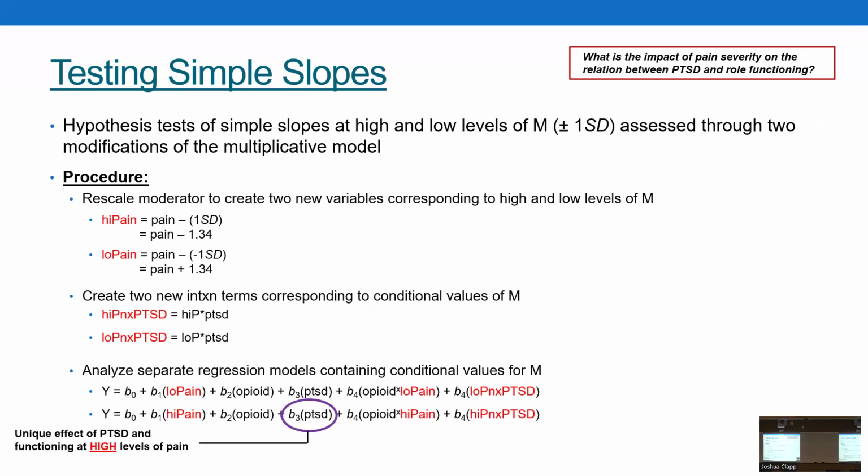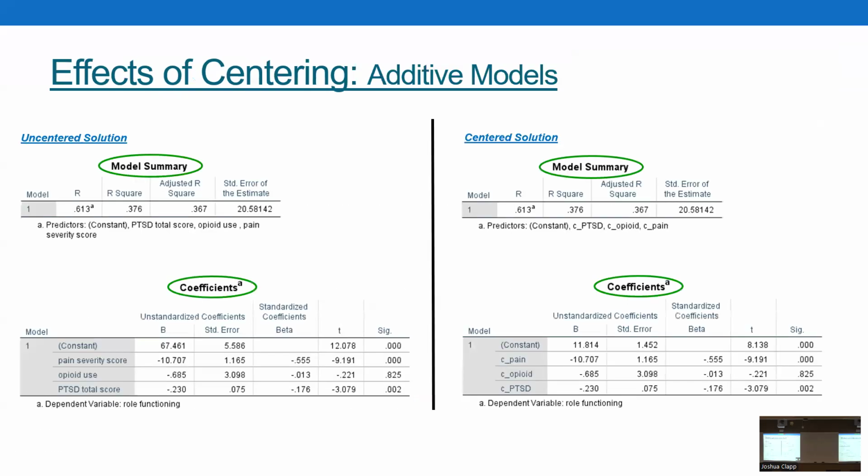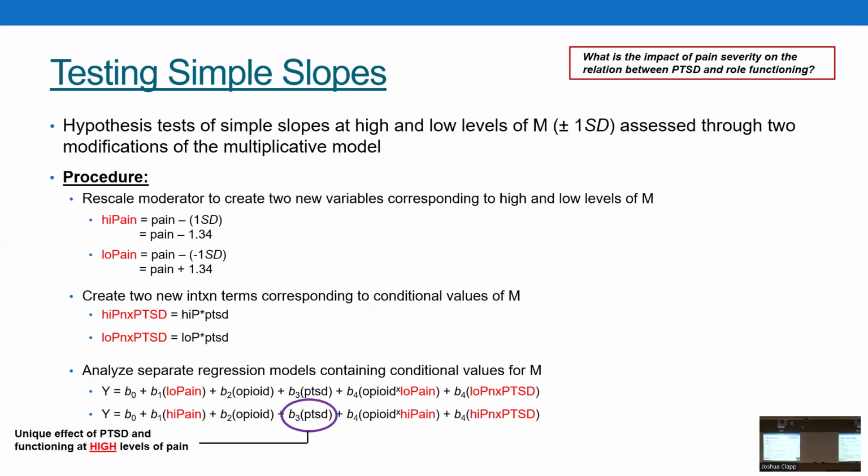And again, my simple slope here is giving me the unique effect of PTSD at high levels of pain. See how we set this up to test these simple slopes? You see how we set it up to find that specific coefficient and why it's different at low pain levels and high pain levels.